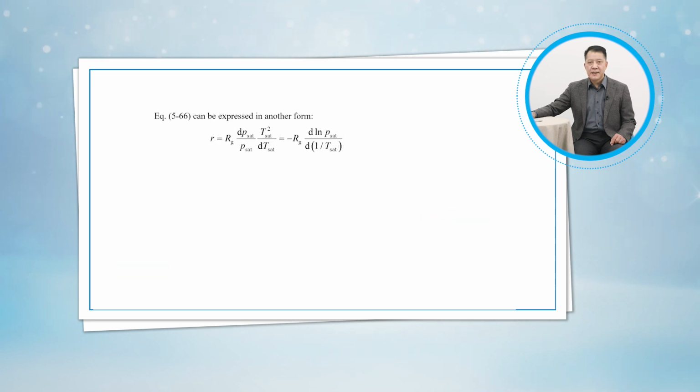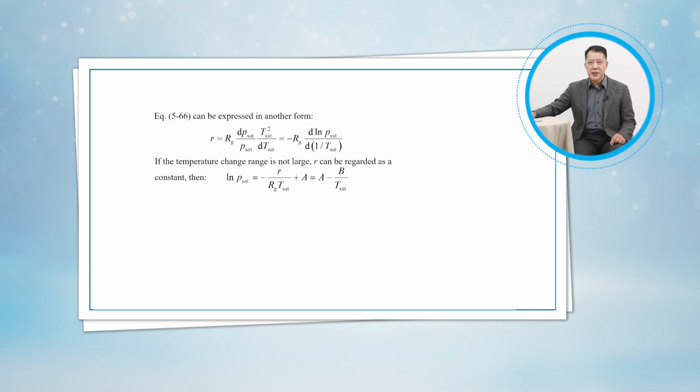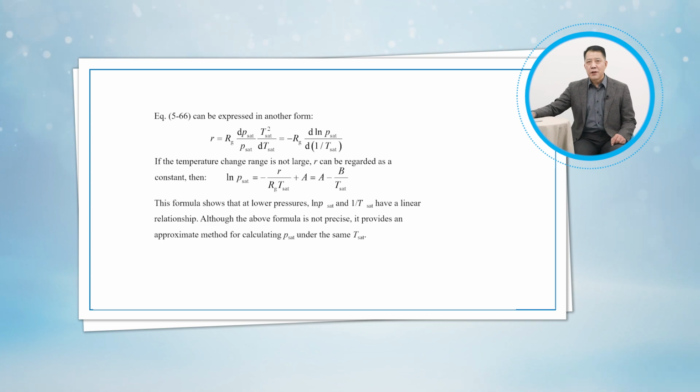Equation 566 can also be expressed as follows. If the temperature change range is not large, the enthalpy of vaporization can be regarded as a constant. Then, this formula shows that at lower temperatures, ln P saturation and 1/T saturation have a linear relationship.